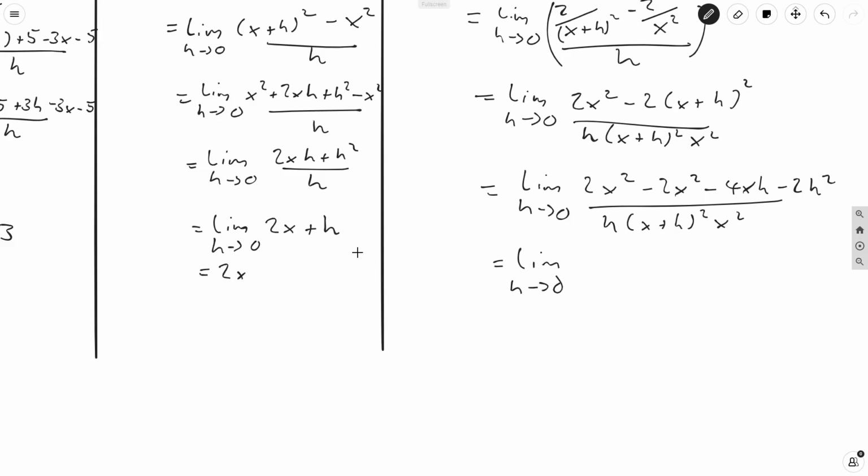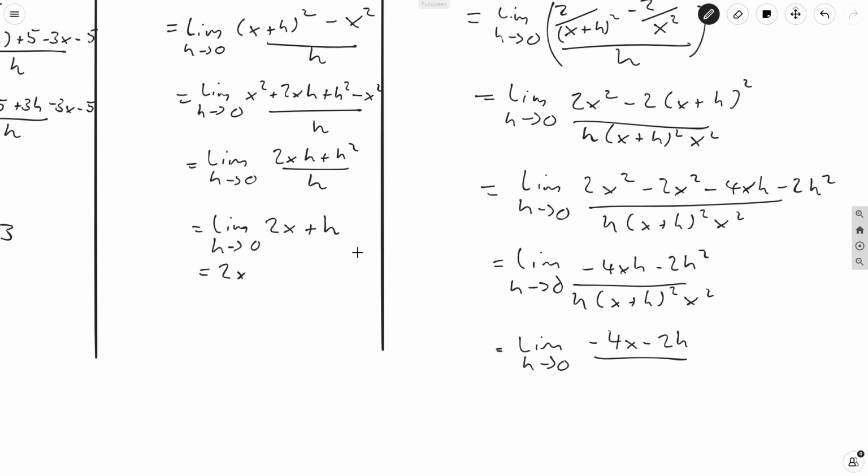The 2x squared cancels again, so it's minus 4xh minus 2h squared, all divided by this quantity, h times (x plus h) squared times x squared. Notice we can cancel this first h, because each of these terms has an h in common. So this is equal to the limit as h goes to 0 of minus 4x minus 2h, all divided by x squared times (x plus h) squared.